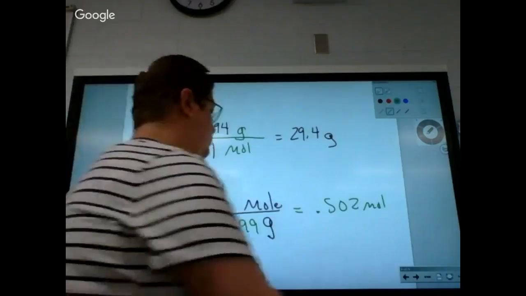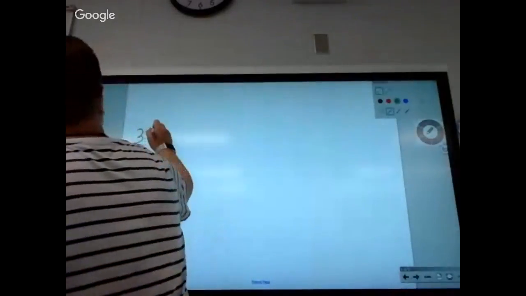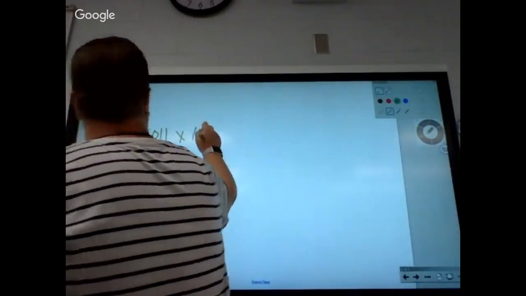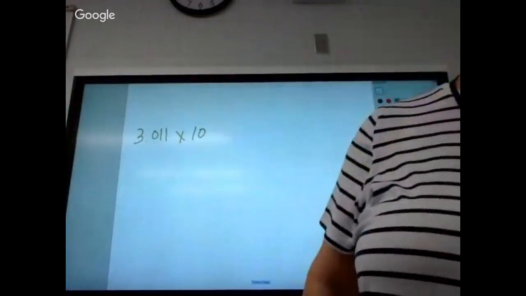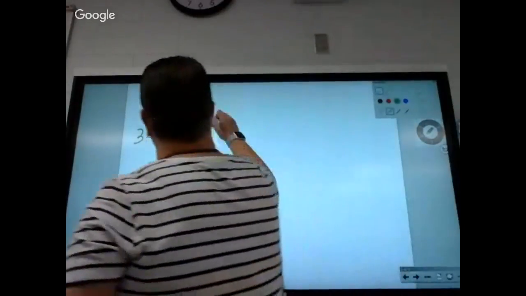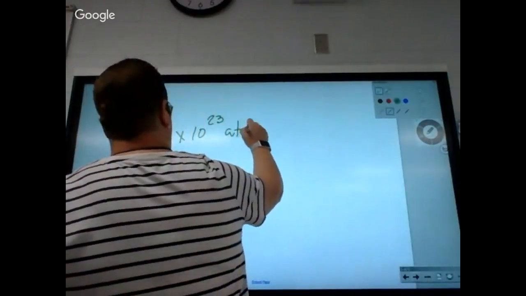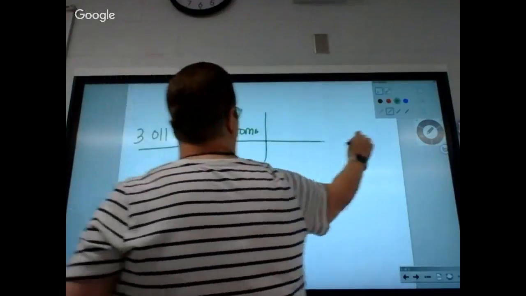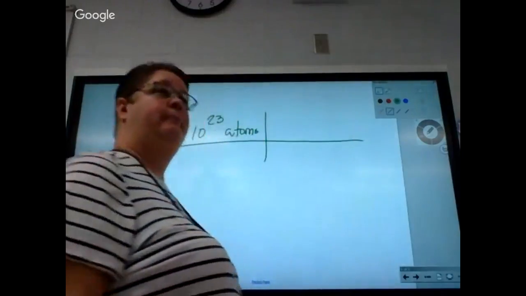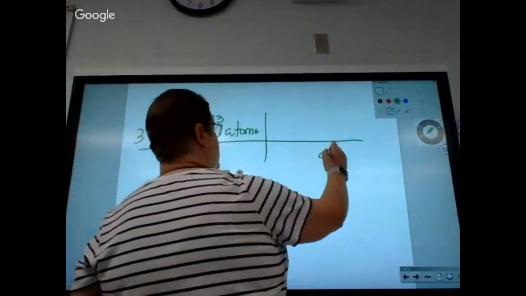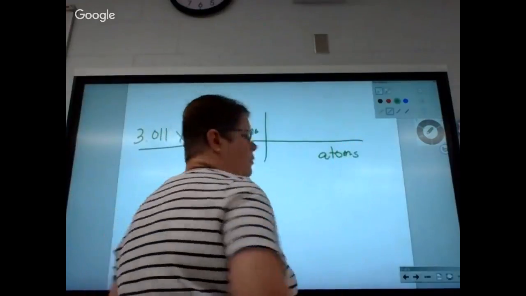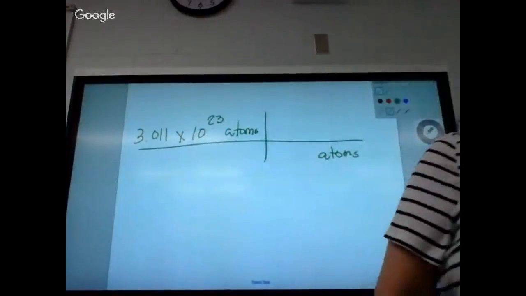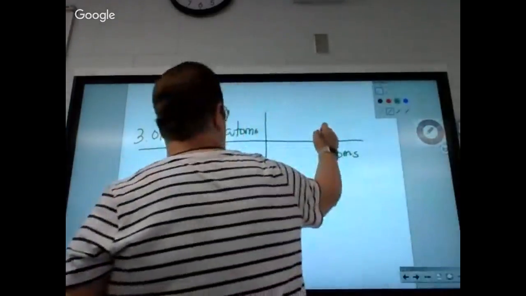4. All right? 4 has 3.011 times 10 to the 23rd atoms. Okay, what goes on the bottom? Okay, what's it asking us to go to? Moles. Okay, so from an atom, I'm going to a mole.